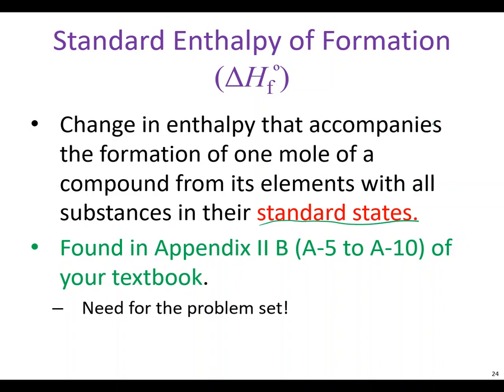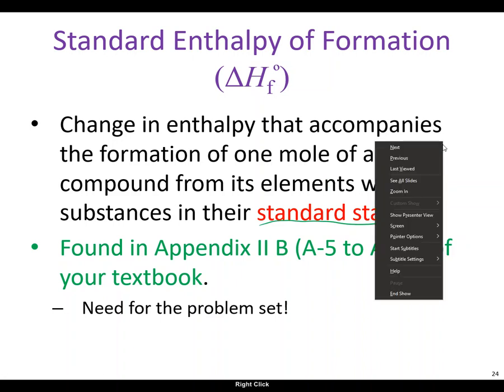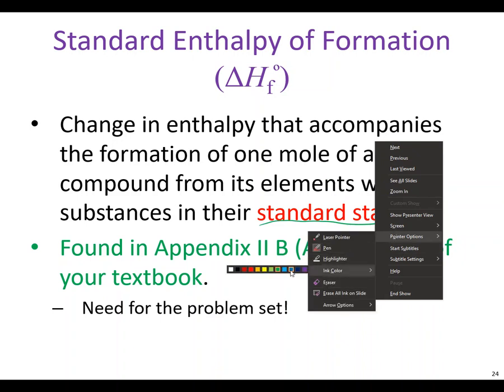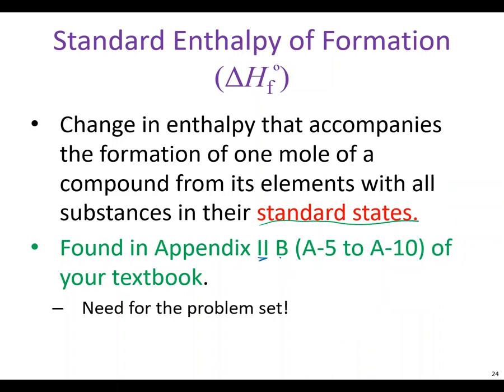Now these tables are found in your textbook in Appendix 2B in the back of the textbook. So you look for Appendix 2B. The designated pages in the physical textbook are A-5 to A-10. So if you're doing the problem set and they don't give you the table of values, you need to go and look them up on those designated pages in your electronic textbook.